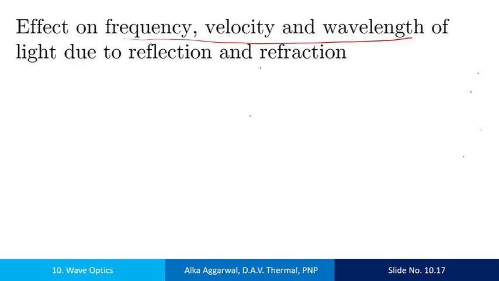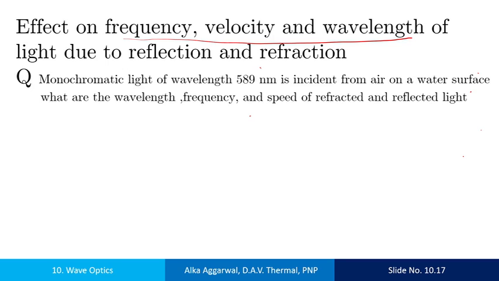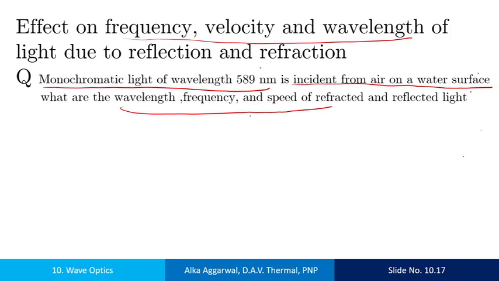In case of refraction, the velocity and the wavelength change. Let us do a question to make this point clear. A monochromatic light of wavelength 589 nanometer is incident from air on a water surface. Find out the wavelength, frequency and speed of the refracted and reflected light.